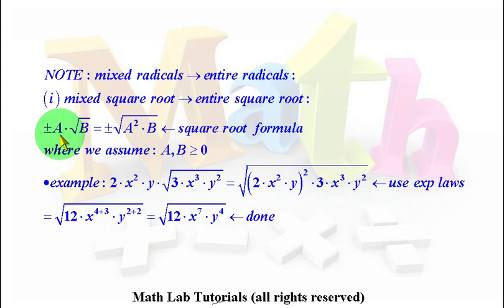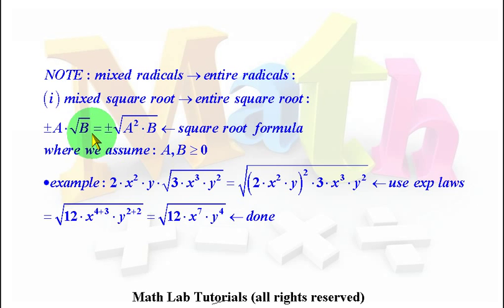So to recap, in order to let a positive good guy inside a jail that contains a positive bad guy, we need to square the good guy. Now, the left-hand side over here is called a mixed radical because a is non-radical and the square root of b is radical. Whereas on the right-hand side, this is an entire radical because all the components are inside the square root.